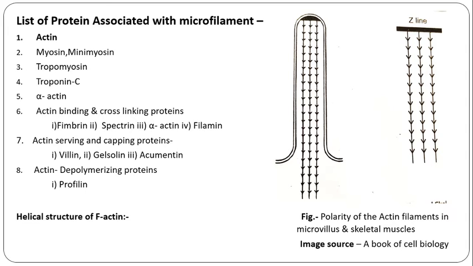Besides tropomyosin, troponin C and alpha actin, other proteins found in muscles are also found in microfilaments. Actin filaments are made up of globular actin protein, that is G actin, arranged end to end to produce F actin. Non-muscle cells contain actin and myosin contractile proteins.